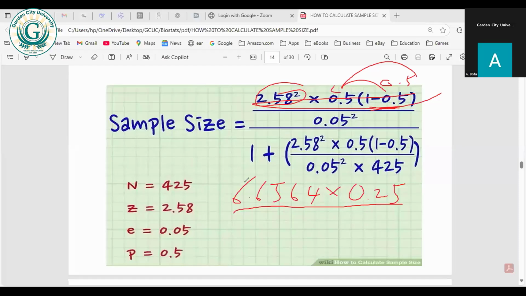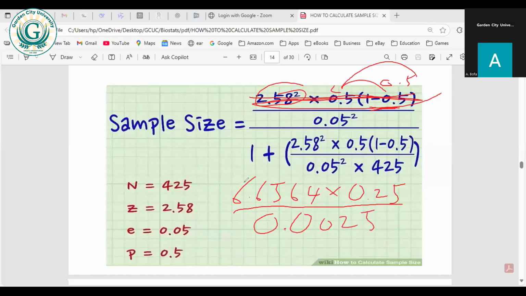Once we are done with the top side, the one I've canceled, we are now going to work on 0.05 squared. 0.05 squared means we multiply 0.05 by 0.05. And that will give us what? 0.0025. Okay, please, my sister, you can try there, but I want the guy to talk. That is 0.0025.